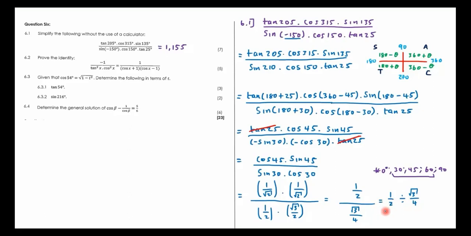And then when you separate them like that, it means now you can keep this, change the division into multiply, and then swap that one there. And then you can see that now the 4 can cancel that, leaving 2 there and leaving 1. And then 1 times 2, of course, is going to be 2. And then 1 times root 3 is going to be root 3, right? So if you then rationalize your denominator there, this will be 2 root 3 over 3, right? And then that's going to be your answer.